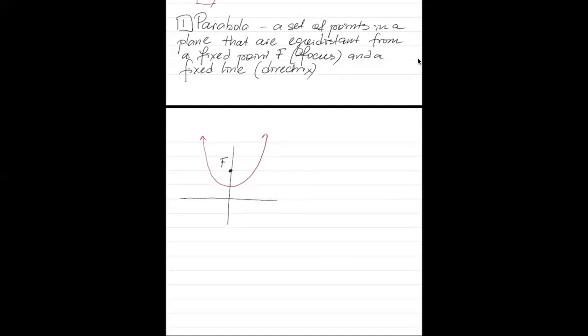It could be the x-axis, but it doesn't have to be. So this is our parabola, this is our focus and directrix. This point right here we call the vertex.